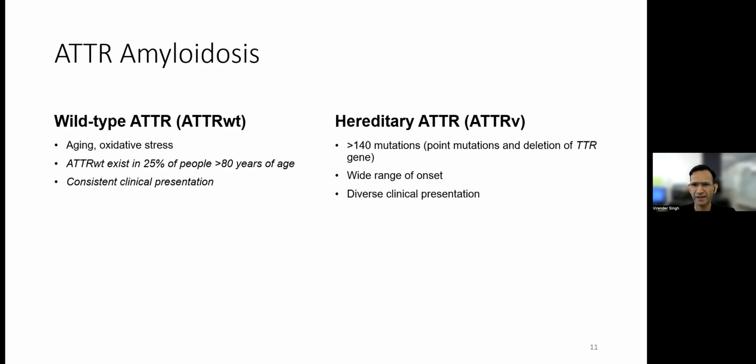But when it comes to hereditary or variant ATTR amyloidosis, there are more than 140 mutations which could be linked to it, and the onset of hereditary ATTR is widespread, starting from 30 years to almost 70 years of age. These represent a diverse clinical presentation when it comes to symptoms or different organ involvement.